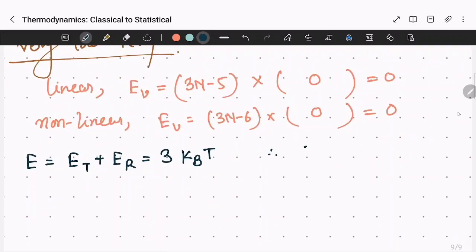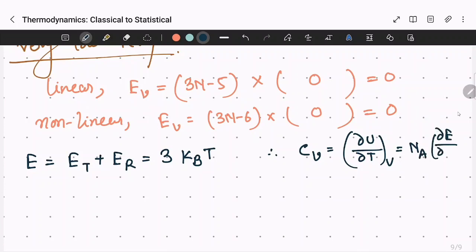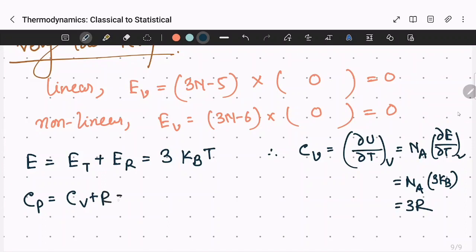So Cv will be del U by del T at constant V, so it is NA del E by del T at constant V, so NA into 3 kB. So it is actually just 3 R. This is for low temperature. So Cp will be Cv plus R, so just 4 R. So gamma will be Cp by Cv. This is 4 by 3.